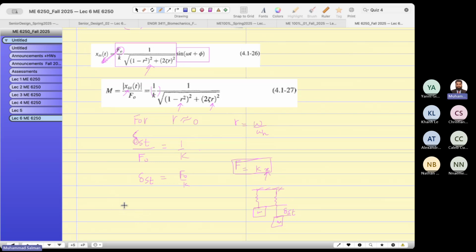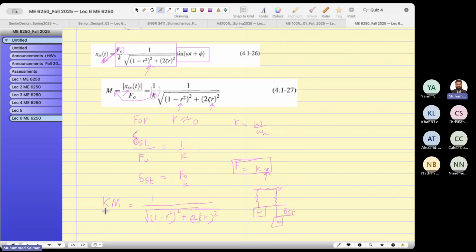So I can write down here, rearrange everything, the km. If you multiply this k with this m, you're left with 1 over the square root of (1 minus r square) whole square plus (2 zeta r) square.